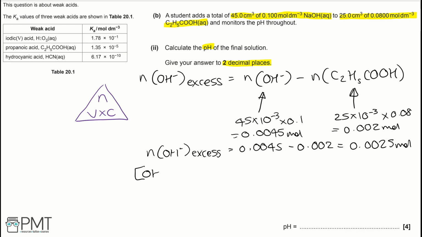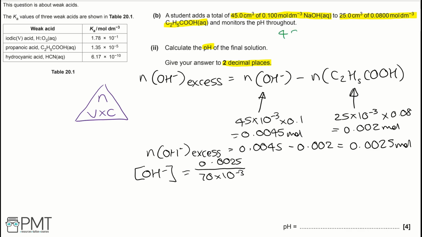Then the next equation we're going to use is this same equation triangle but rearranged, because we want to work out the concentration of OH minus. So that's the number of moles divided by volume. So it's going to be 0.0025 divided by 70 times 10 to the negative 3. The 70 is because we've got 45 and 25 centimetres cubed.